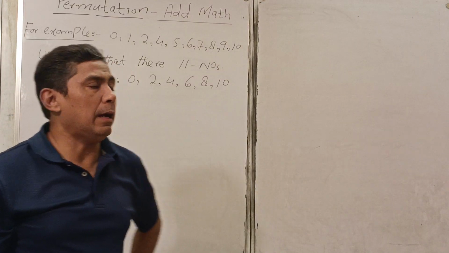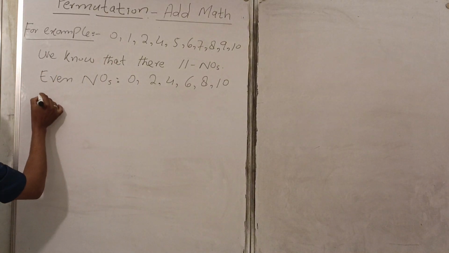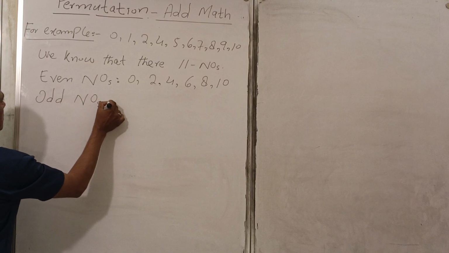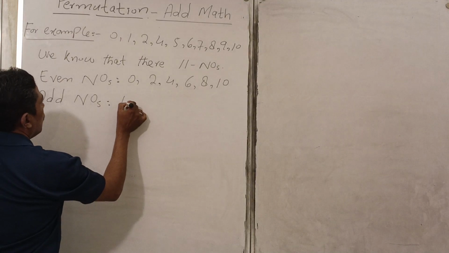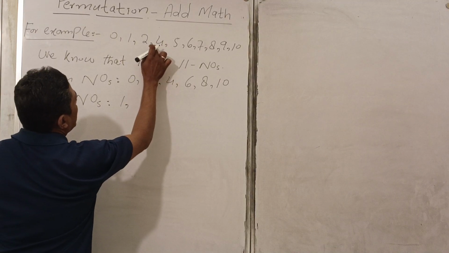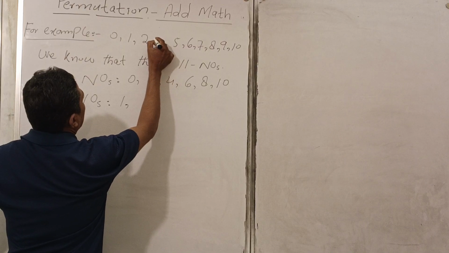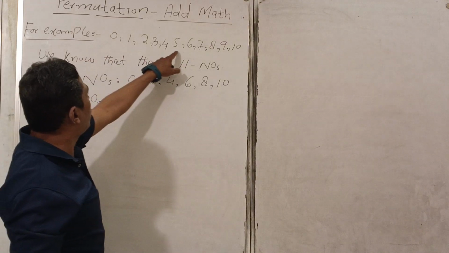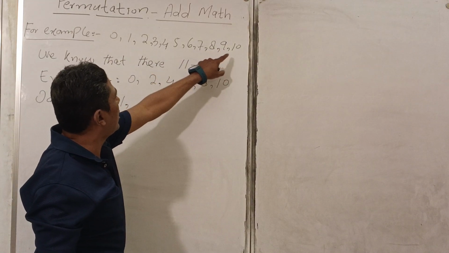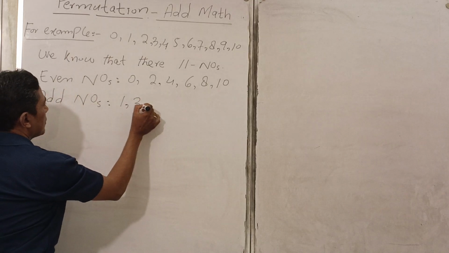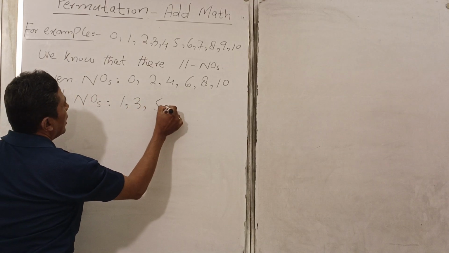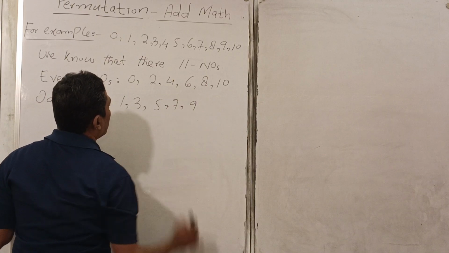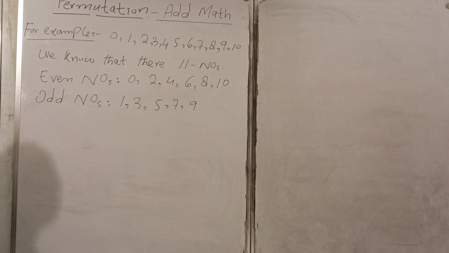And the odd numbers are 1, 3, 5, 7, 9. These are odd numbers.